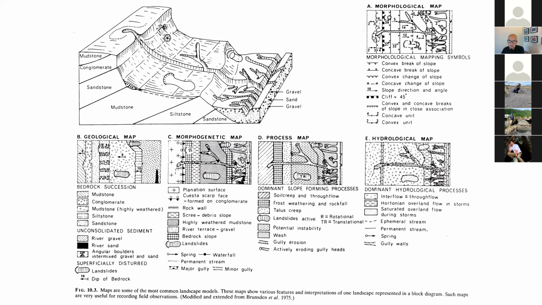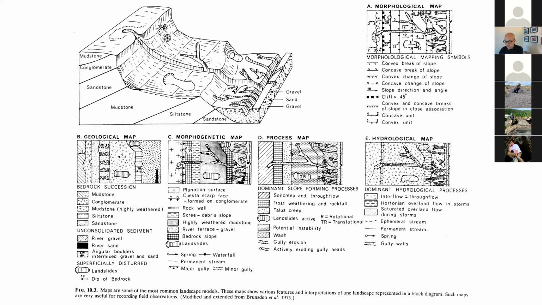If you remember this slide from my intro, the morpho map is on the upper right. It's really all these topographic properties. And then a geomorphic map would, in my view, be a combination of the process map and the geologic map. There are the processes operating over the surface, but a lot of times that's indicated by what the geology is, especially bedrock versus Quaternary units.